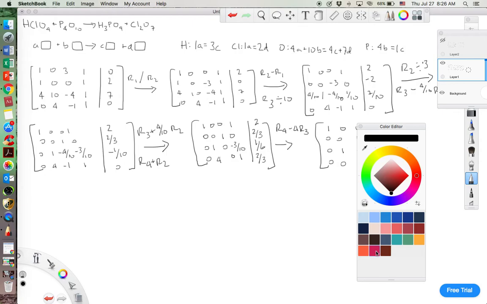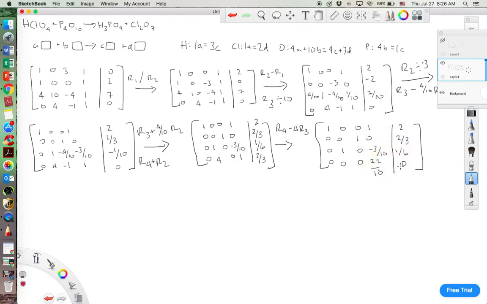Our next row operation would be to divide row 4 by 22/10, and we're going to get 1. 0 divided by 22/10 is still 0. Since we have a 0 here, none of these others are going to change as we eliminate the non-zero values in this column. So we can just change these to zeros without changing anything else.